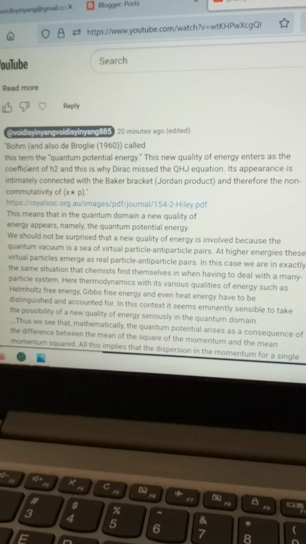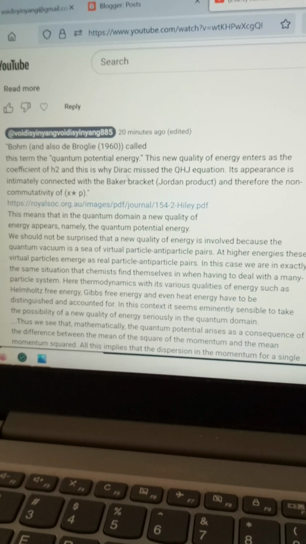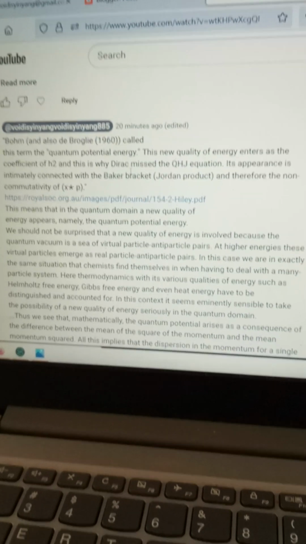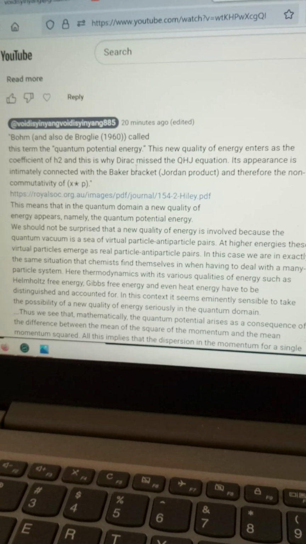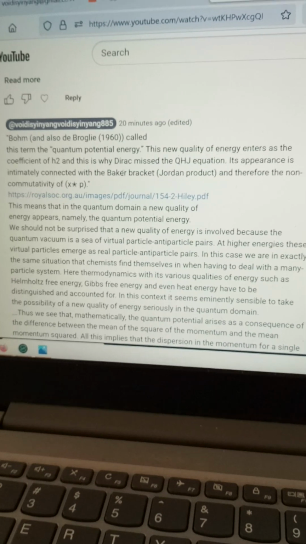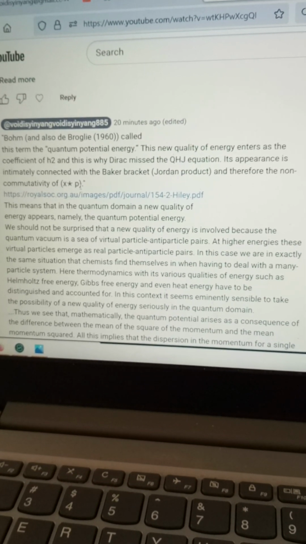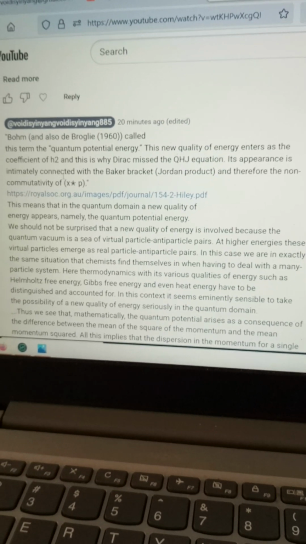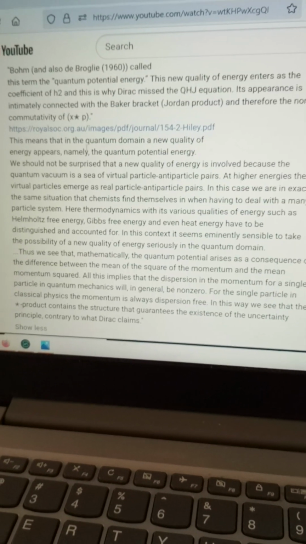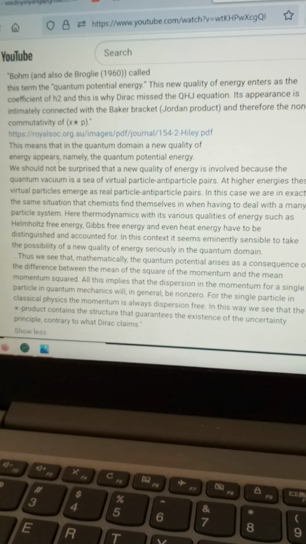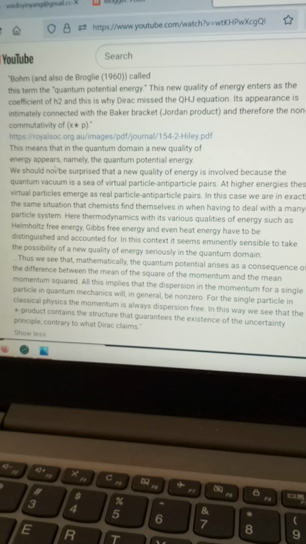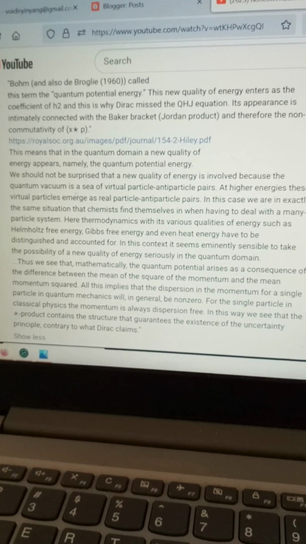This new quality of energy enters as the coefficient of Planck squared, and this is why Dirac missed the equation. Its appearance is intimately connected with the Baker bracket or Jordan product, and therefore the non-commutativity of position and momentum. This means that in the quantum domain, a new quality of energy appears, namely the quantum potential energy.